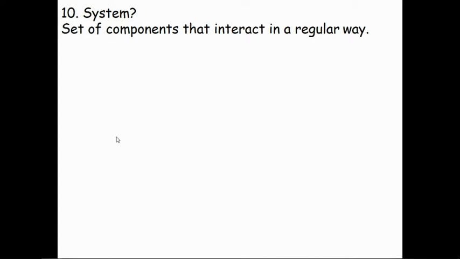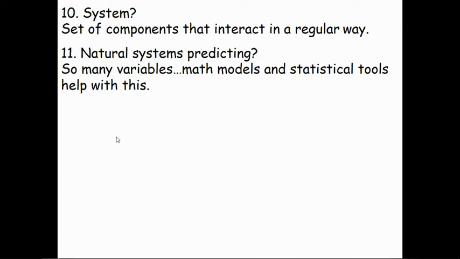All right, so definition of a system. It's really difficult to predict what's going to happen in nature because there are so many variables in natural systems.